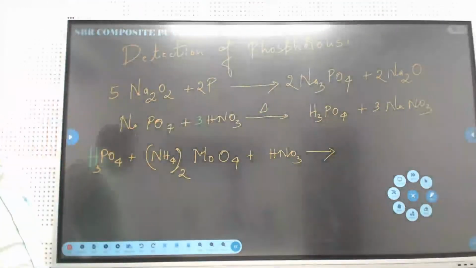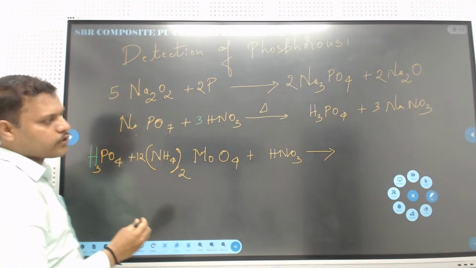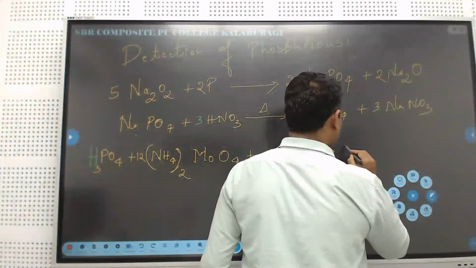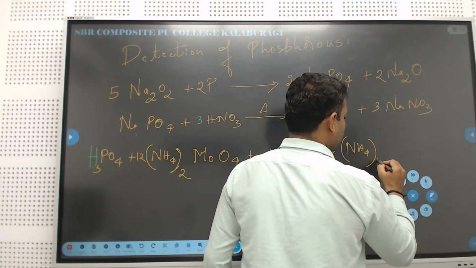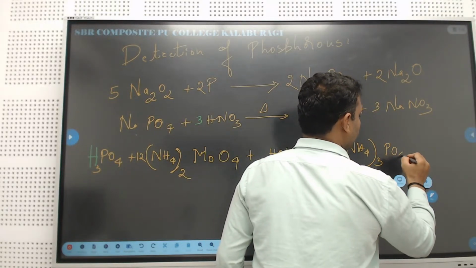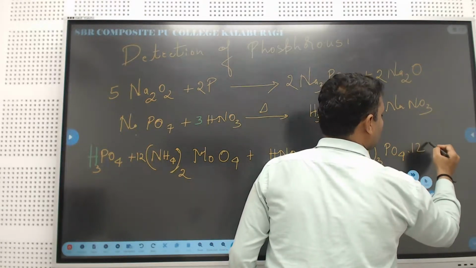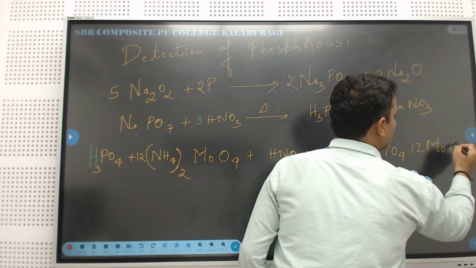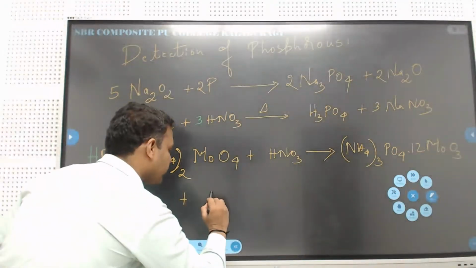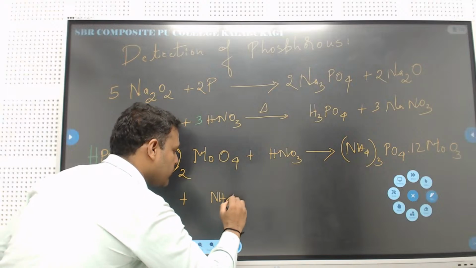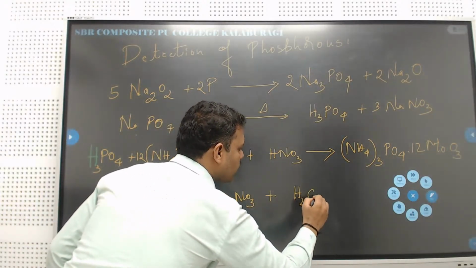On addition of the ammonium molybdate, there is formation of a yellow colored precipitate, (NH4)3PO4·12MoO3, along with the formation of NH4NO3 and H2O.